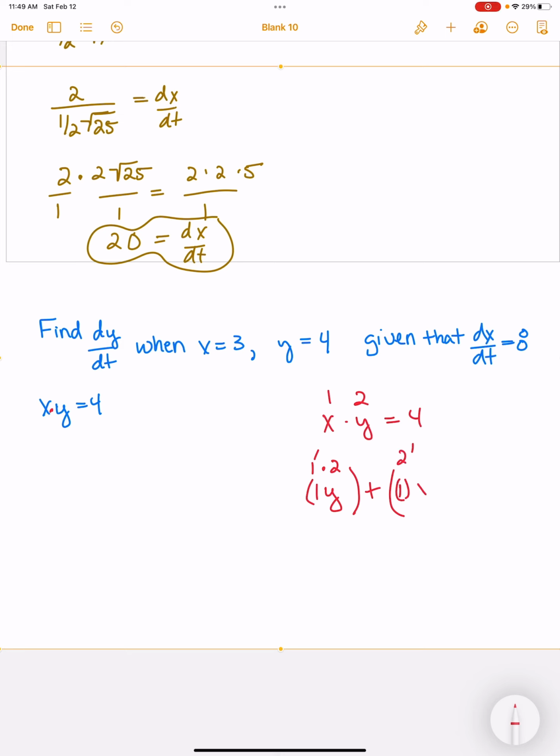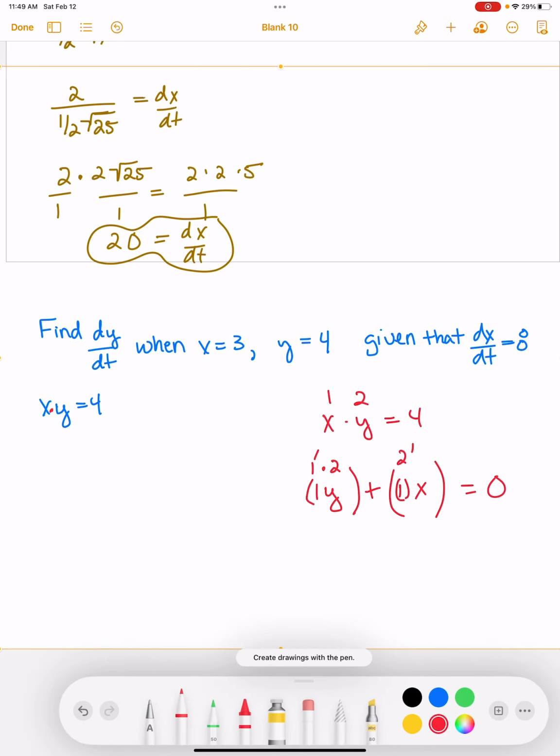And of course, the constant is just always 0. So if this was just a straight up product rule, that's what we would do.